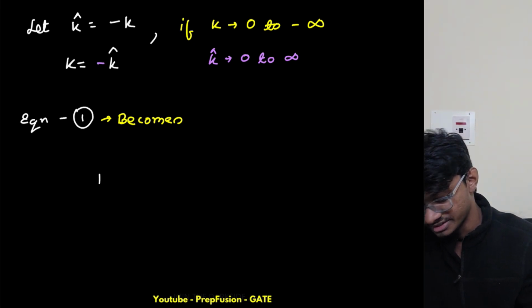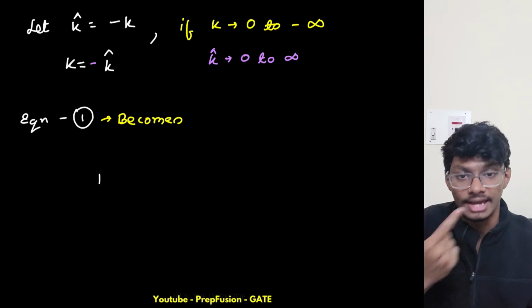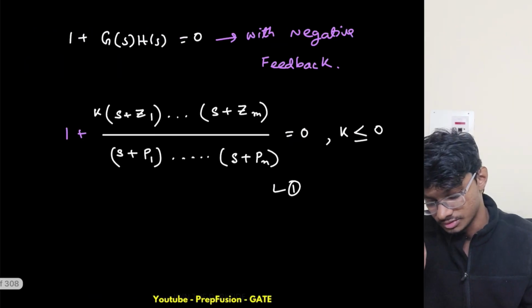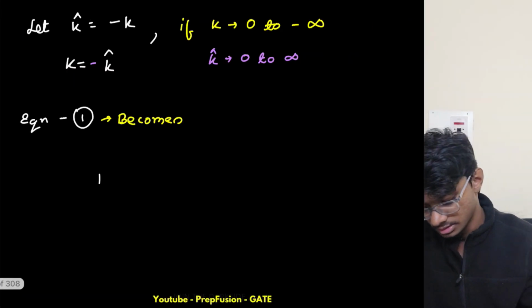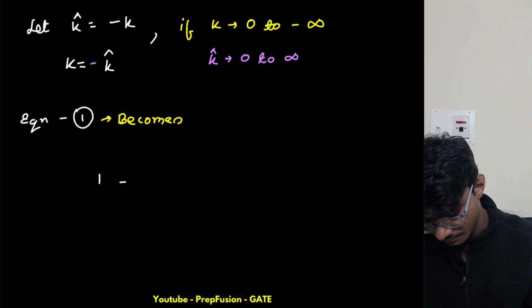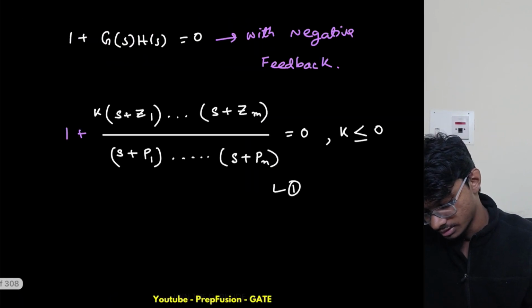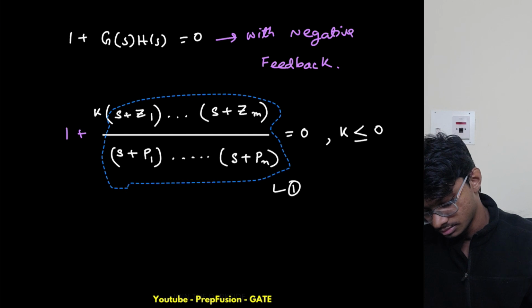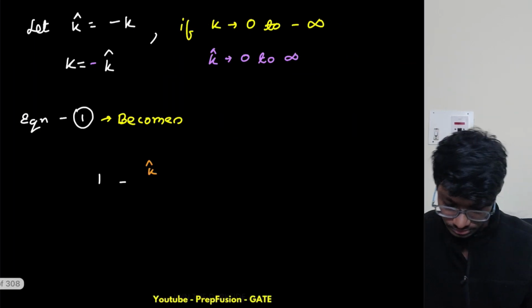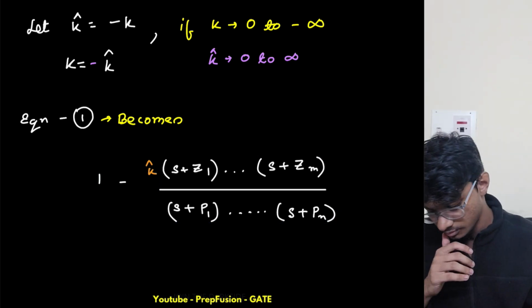I know you were screaming, sir, this is minus k, what are you doing. So I will replace my k with minus k hat in this equation 1. All the other things will be the same, which is equal to 0.